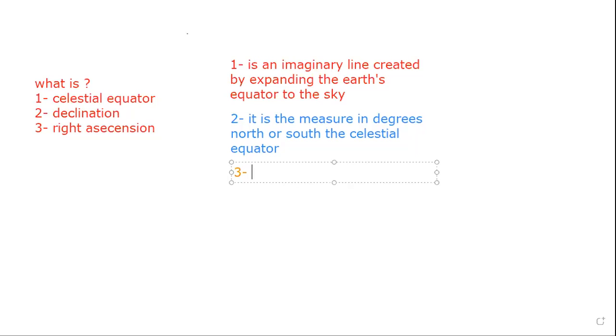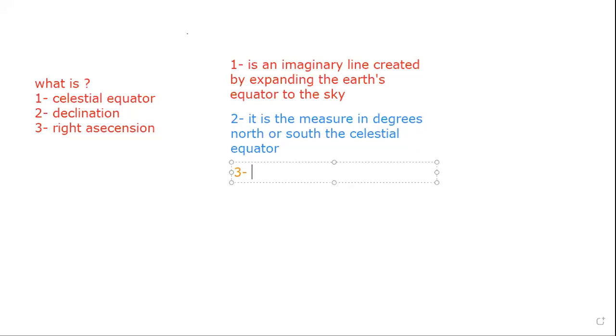So that means right ascension is measured in hours. It represents how far the object is, eastward, from the vernal equinox.